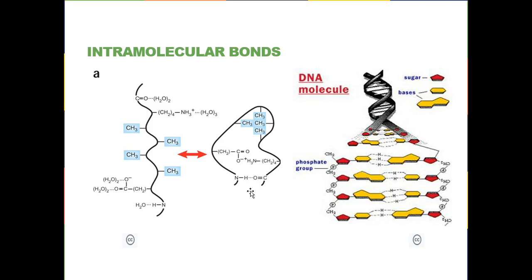We haven't gone over proteins and DNA yet, but I'm just giving you an example. You may or may not be familiar with the DNA double helix. It is two phosphate backbone chains with bases held together by hydrogen bonds.